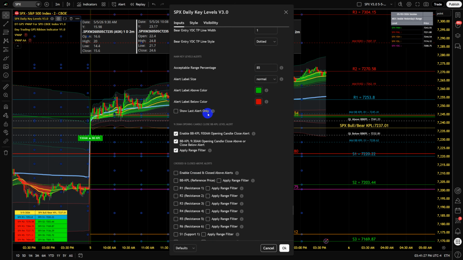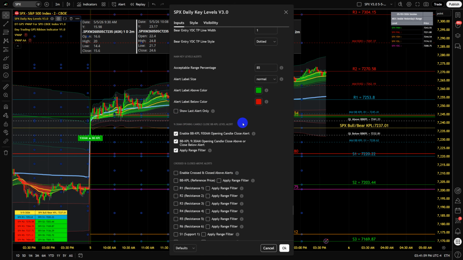You also have a show last alert only option, which is a decluttering filter that will only show the last relevant alert for each level that you have the alert enabled for. So this is more of a decluttering thing. We don't have the other ones set for this video. We're simply trying to show the one trade for today's session, which was taken on the opening candle.